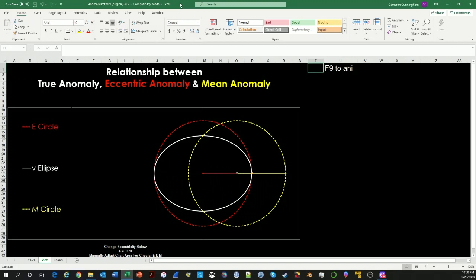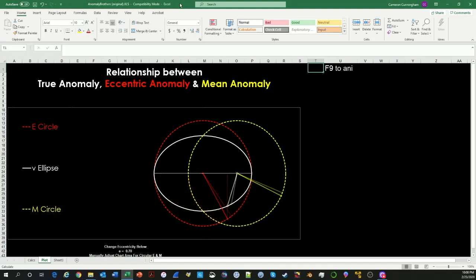Bring this back over here. Mean anomaly equation, which is right here: eccentric anomaly final minus eccentricity times sine of eccentric anomaly final. Okay, great. Plug and chug becomes 1.3694 minus 0.2 sine 1.3694.